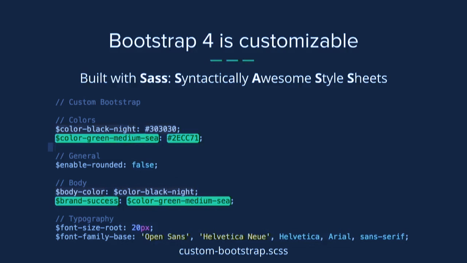In a single custom Bootstrap file, we can change the body color or the root font size, and this makes customizing Bootstrap so much easier than it was previously for us. This is a feature that I enjoy a lot.